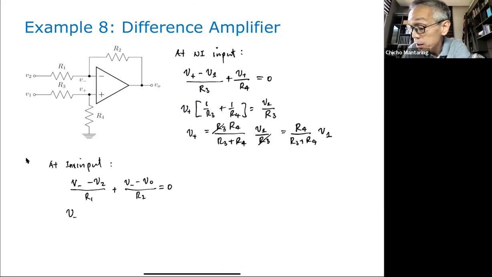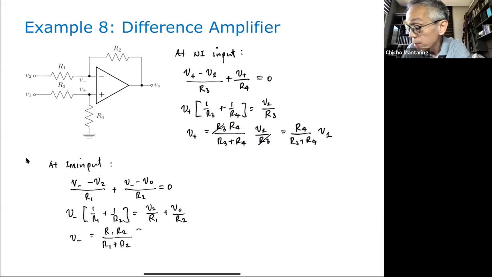I have V minus times 1 over R1 plus 1 over R2 is equal to V2 over R1 plus V sub O over R2. Or V minus is equal to R1 R2 over R1 plus R2 times V2 over R1 plus V sub O over R2.